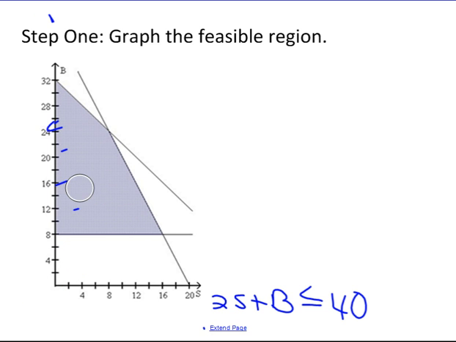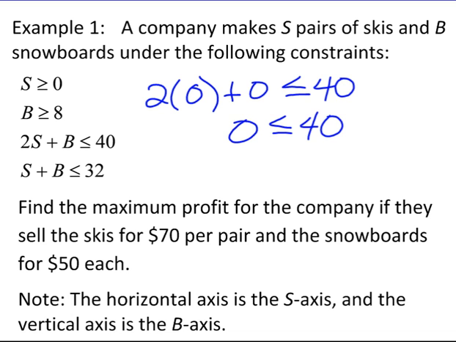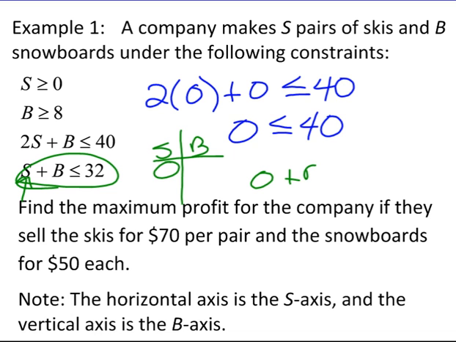And finally, the last inequality. Let's use green here. This one right here. Again, it is in standard form. You're going to plug in 0 for S right here. 0 plus B equals 32. We don't need the 0. B is equal to 32. Repeat the process because we need 2 points.